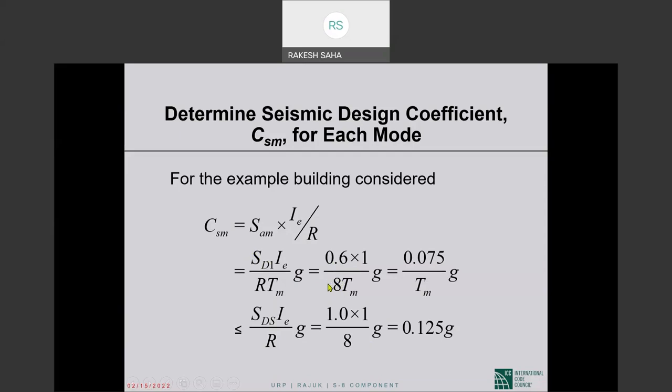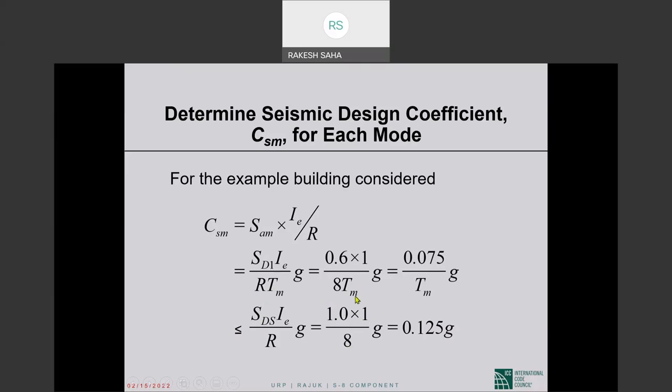We are doing a special moment frame, and T sub M. So modal base shear coefficient is 0.075 divided by modal period times G, but it cannot be any larger than S sub DS of 1, I is 1, and R is 8. Okay, so it cannot be any larger than 0.125, 12.5% of G.